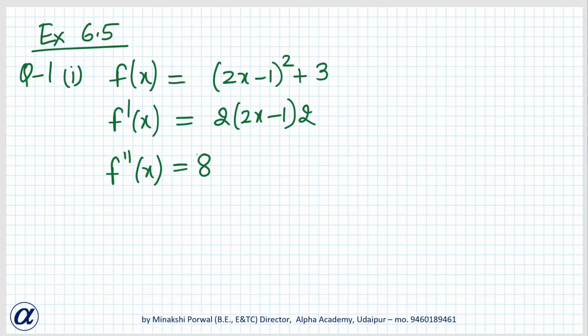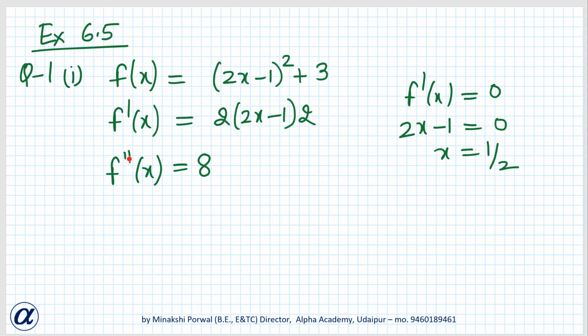So first we'll find the critical point. Putting f'(x) equal to 0, 2x minus 1 equals 0, so x equals 1 by 2. This is the critical point. Anyway, f''(x) is independent of x.